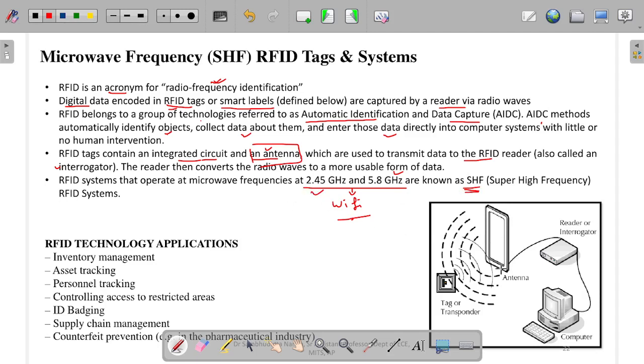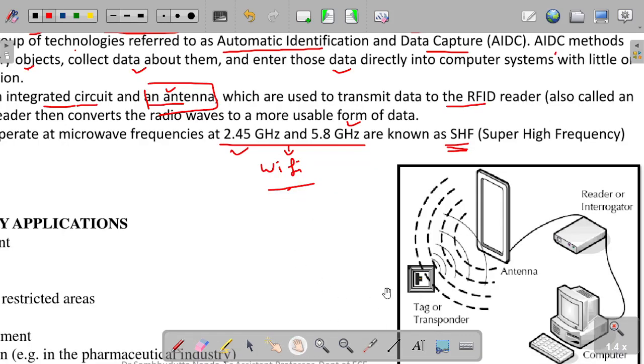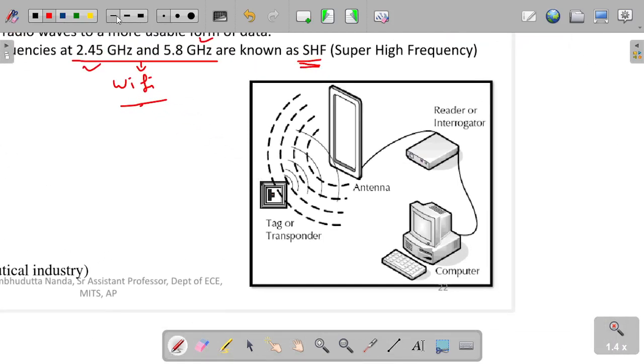Now see this figure, and you will see how it works. In this figure, this is one RFID device, with an integrated tag or antenna. This is the RFID reader.